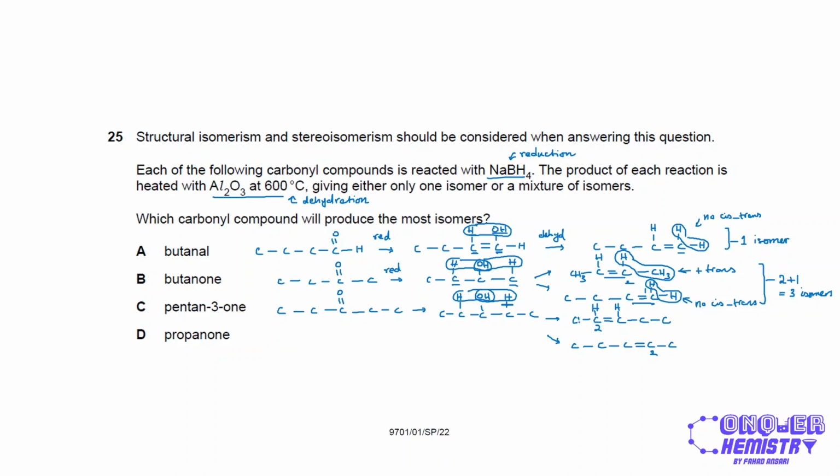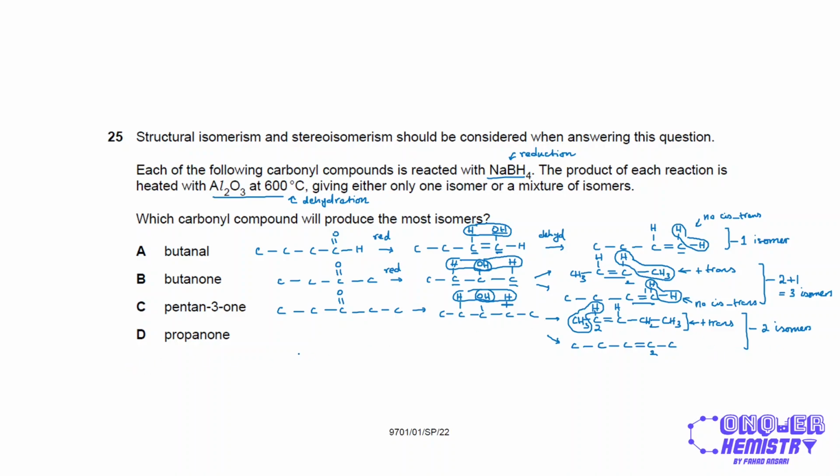This one is bonded to CH3 and H over here, and this is bonded to H, and this becomes CH2CH3. So over here, I've drawn the cis isomer. This will have a trans isomer, right? So over here in total I have 2 isomers.